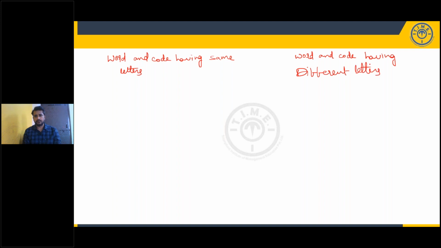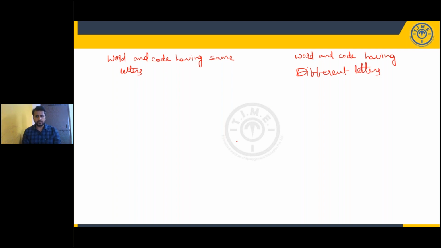Now, just before going to the questions, I would like to briefly explain coding decoding. In coding decoding, we will come across two models: word and code having the same letters, and the second one, word and code having different letters.